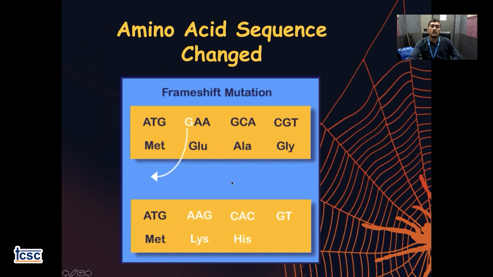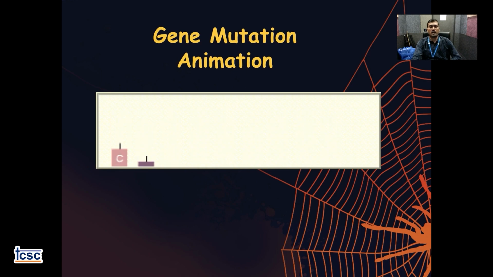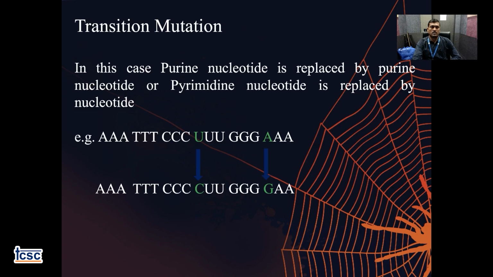So this leads to a change in the frame, and that's why it is called a frame shift mutation. Next, substitution, insertion, deletion, inversion: this is a gene mutation animation.